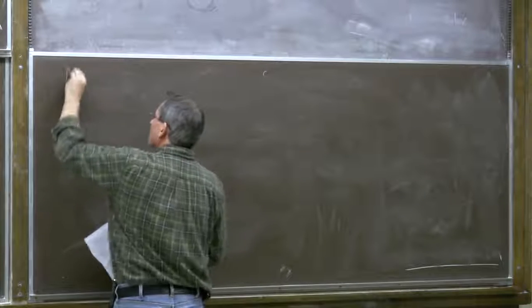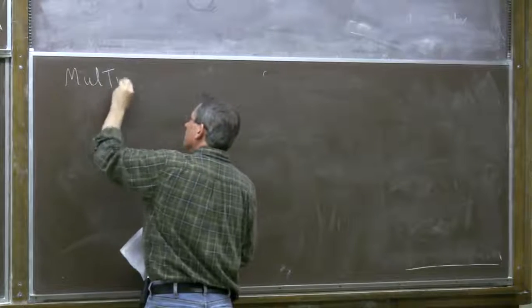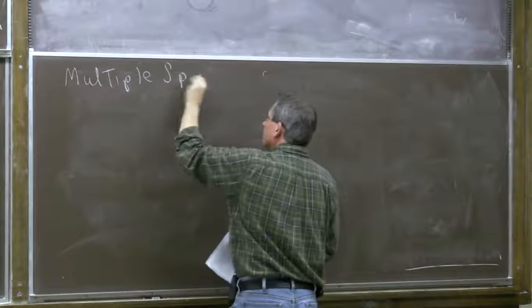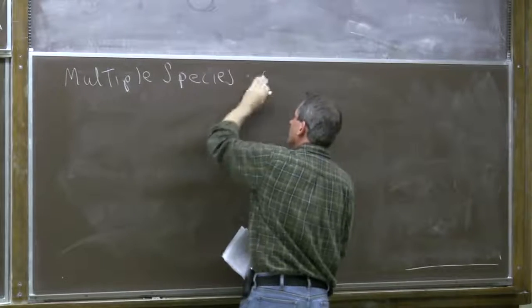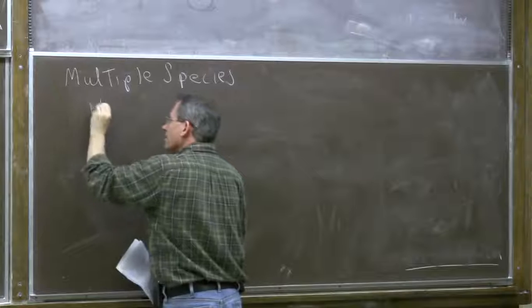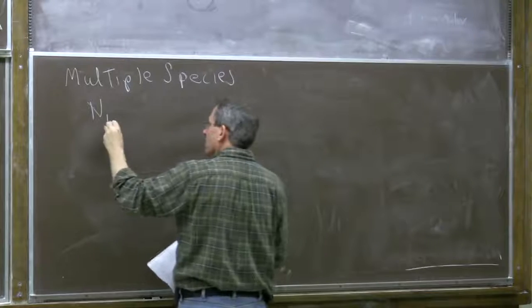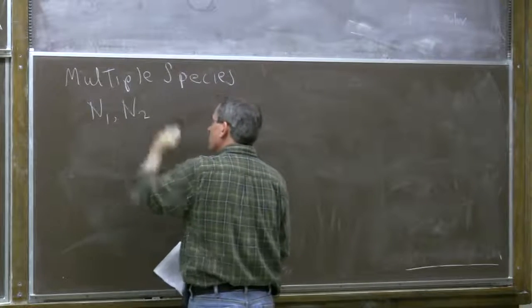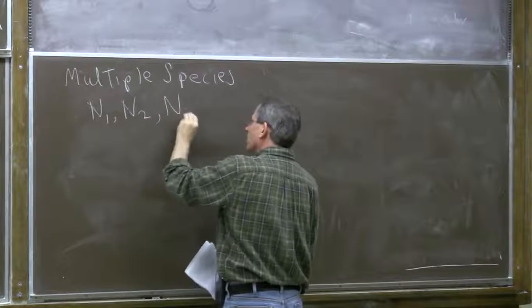But if we suppose that there are various particle types and each type is conserved, then each one has its own chemical potential. Okay? So if we have multiple species, we can say there's a number of particles of type 1, N1, number of type 2, N2, and so on.